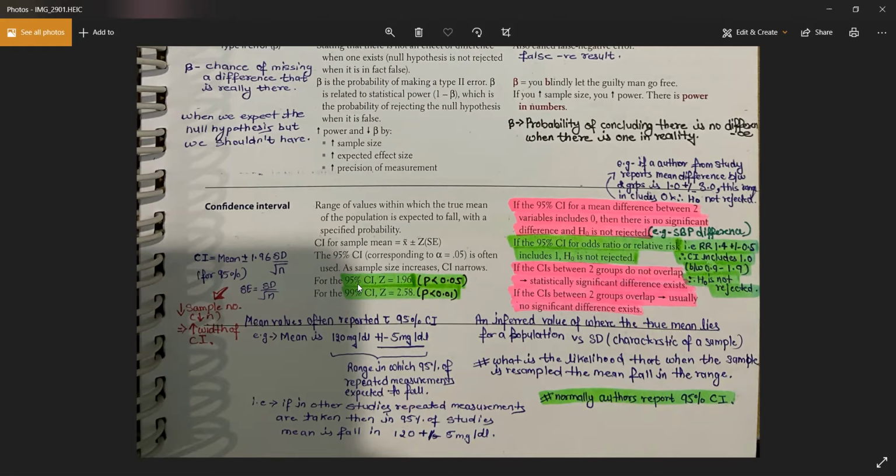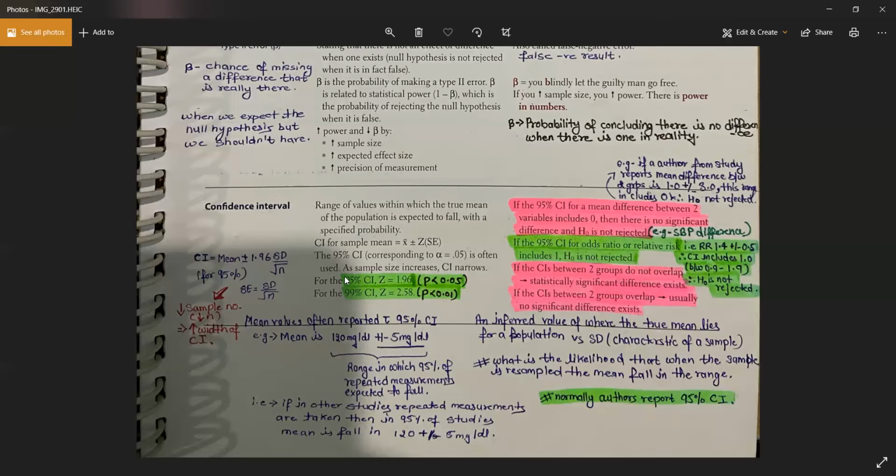Then when this study is repeated again by another individual, the range of the blood glucose in diabetes patients will fall in this range, 110 to 130. This is a confidence interval. Okay, if other studies repeat the same measurements again, then there are 95% chances or 99% chances, depending upon the confidence interval, that the mean will fall in your given range only.